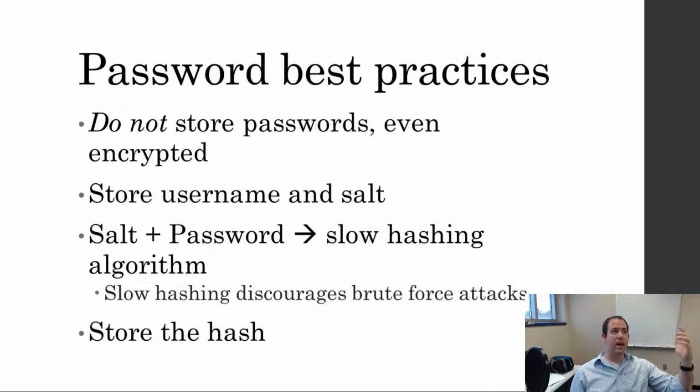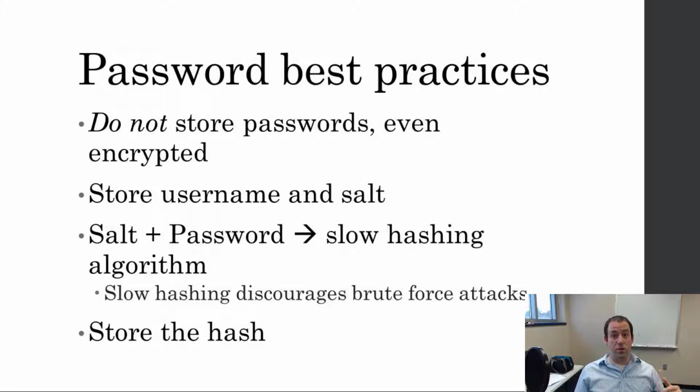So if I can do, say, 1 million hashes per second, and I'm just making up numbers here, then I can check 1 million passwords per second. That's really fast.